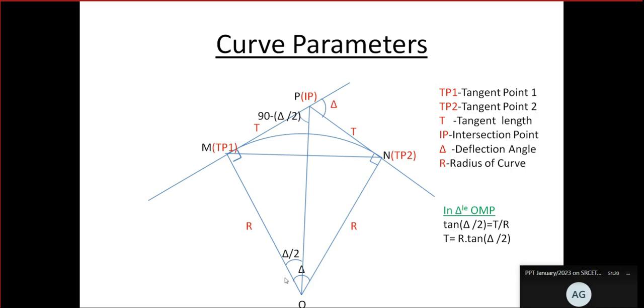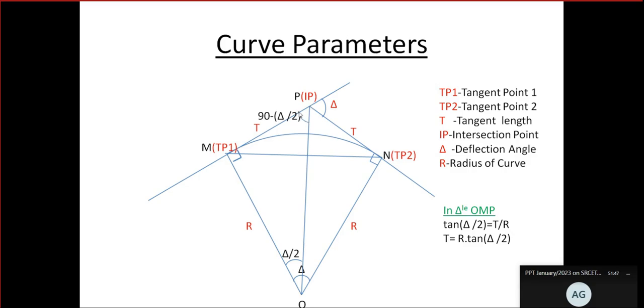This angle is always equal to the angle subtended at the center. Okay. The deflection angle is equal to the angle subtended at the center. This is the formula. You can calculate it easily, because this is delta. This is 180 minus delta. Since it is a bisector, this is 180 minus delta divided by 2.